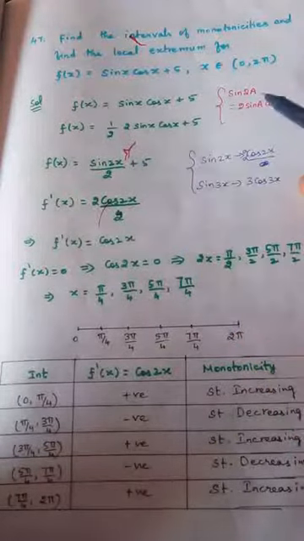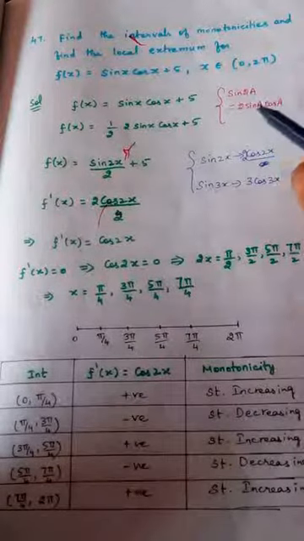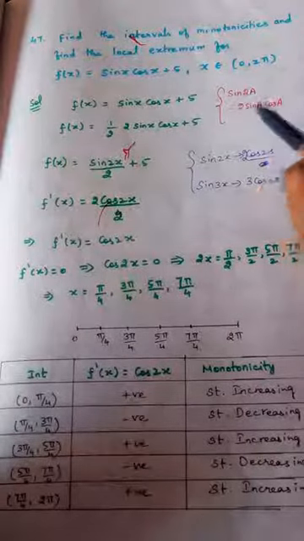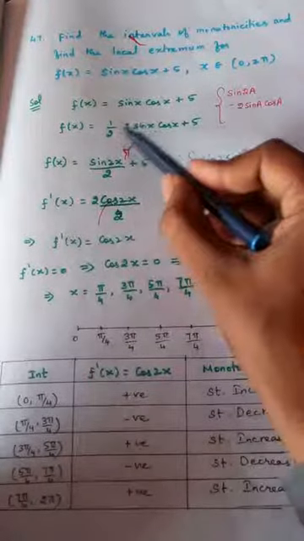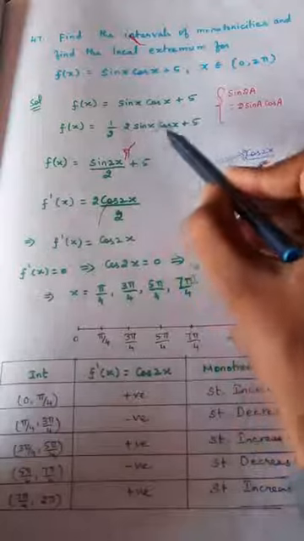Why we are doing this is to apply the trigonometric formula: sin 2a equals 2 sin a cos a. This is the well known formula. Now after multiplying and dividing by 2, this is of the form 2 sin a cos a.